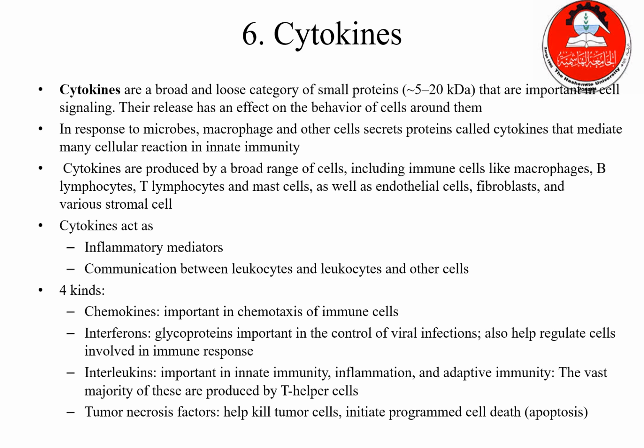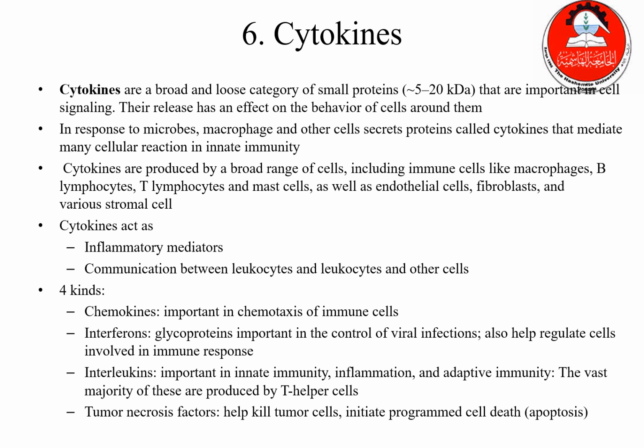The sixth component of the innate immunity is the cytokines. Cytokines are a broad and loose category of small proteins that are important in cell signaling. They play an important role in cell signaling, and their release has an effect on the behavior of cells around them. In response to microbes, macrophages and other cells secrete proteins called cytokines that mediate many cellular reactions in innate immunity.